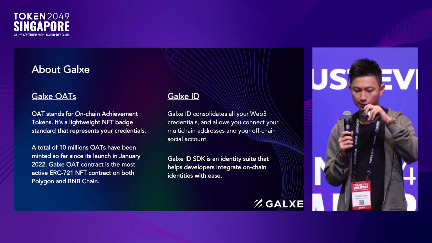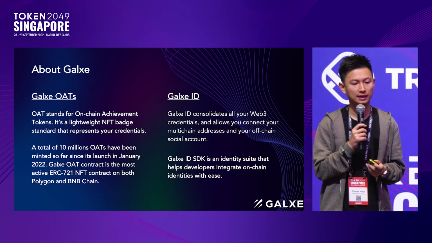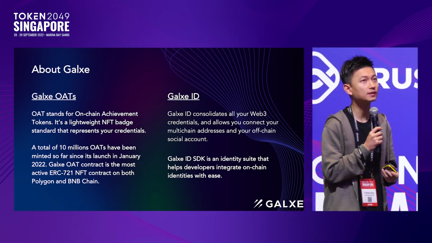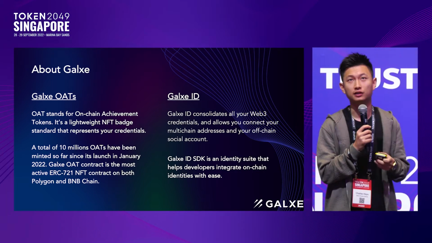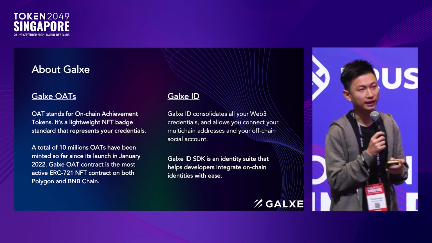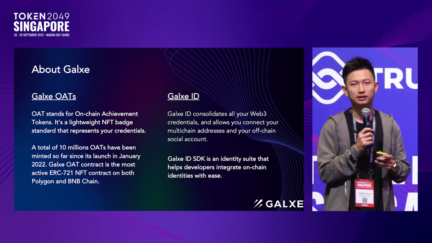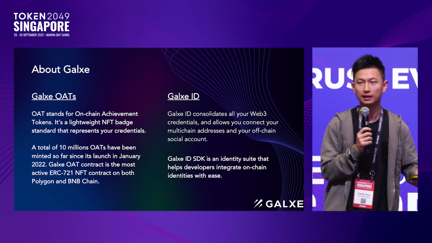to represent your credentials. And so far, we have a total of 10 million Oats minted since the launch in January 2022. And right now, the Galxe Oat contract is the most active contract on ERC 721, on BNB chain, on Polygon.